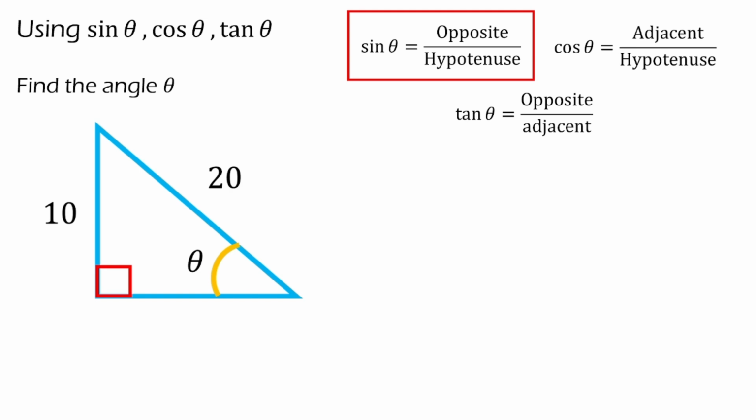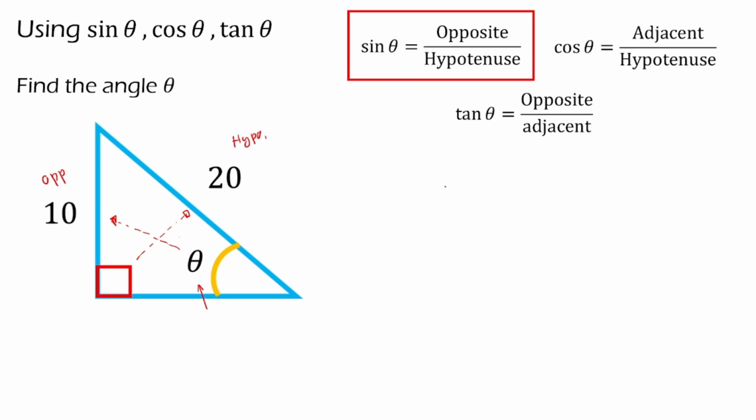Again, let's start with identifying all the elements. So we will have the reference angle. The opposite, okay, we have 10. And the longest one, we have 20, which is our hypotenuse.